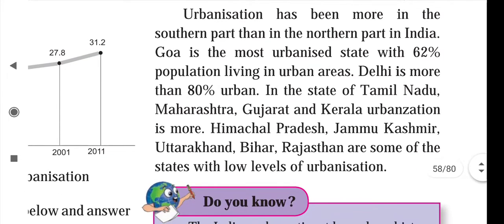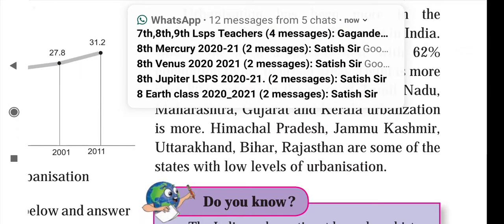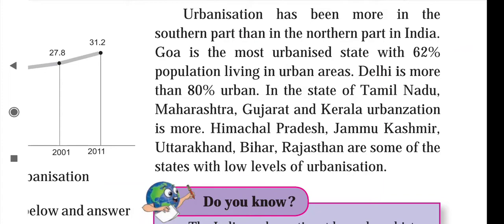Urbanization has been more in the southern part than in the northern part of India. If you see the map of India, on the north side Jammu Kashmir and Himachal Pradesh will come, and on the south side Karnataka, Telangana and Kanyakumari. So compared to the north, the concentration of urbanization is more on the southern side.